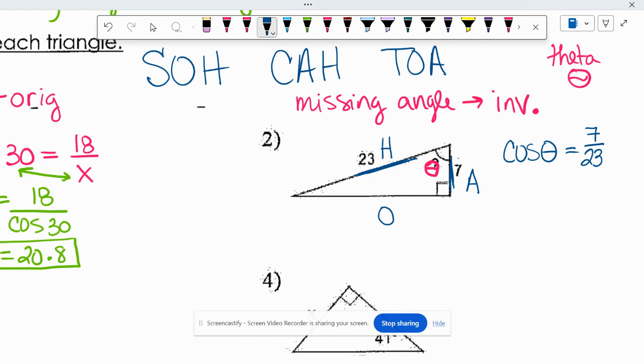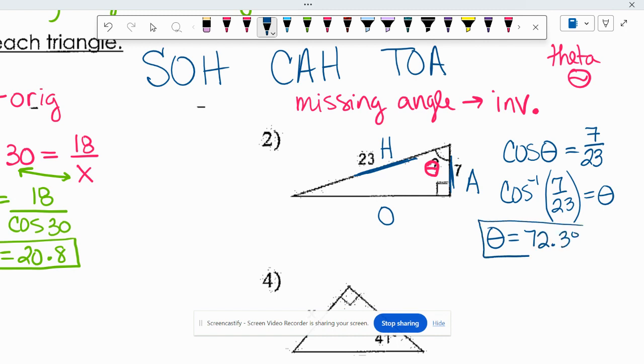Now I have to use the inverse function. So the inverse of cosine times 7 over 23 equals theta. Theta equals 72.3 degrees. Good job on that. Thank you.